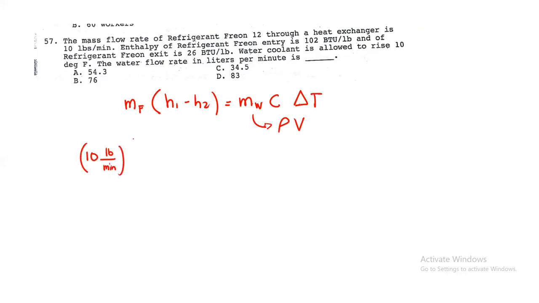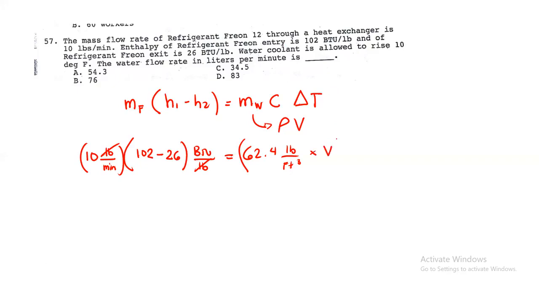Then ang enthalpy, H1 is 102 minus exit 26. So BTU per pounds. So maka-cancel si pounds dito. Is equals to mass or density. So density ng water, 62.4 pounds per cubic foot. Then volume. So ano yung volume ng water? So yun yung hinahanap, yung volume flow rate.